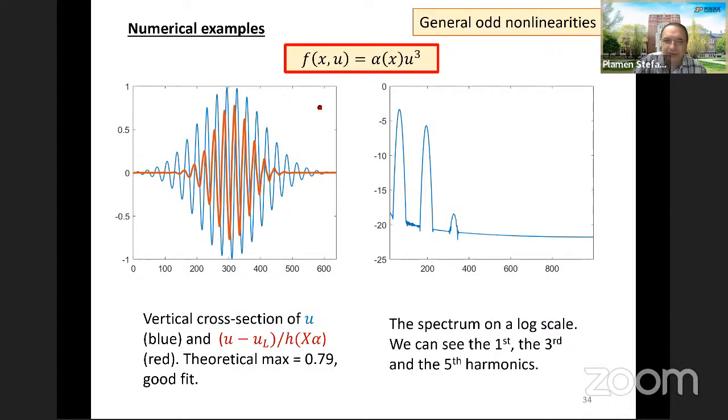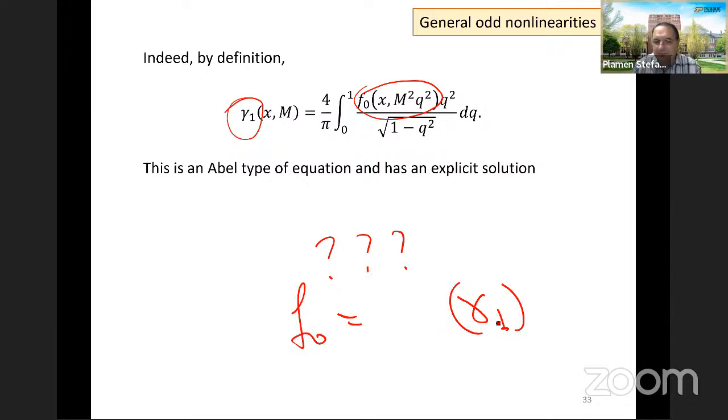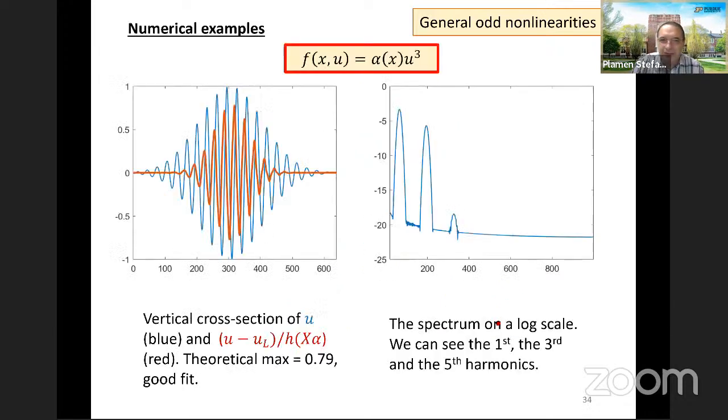For some reason, the formula here disappeared when I was working on my file. But anyway, there's a formula for the solution. This is a standard equation. So there's actually a direct formula for the solution for F0 in terms of gamma 1, which you can recover from the previous step. So you don't need the higher harmonics.